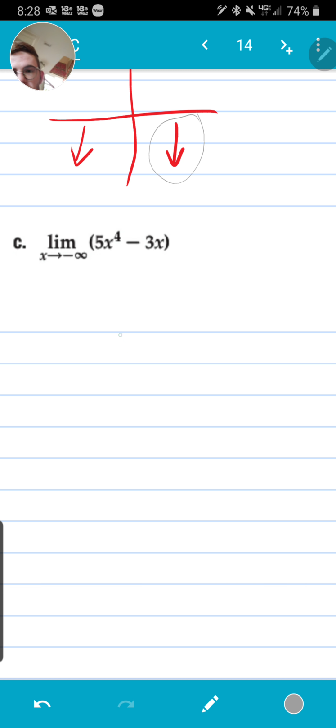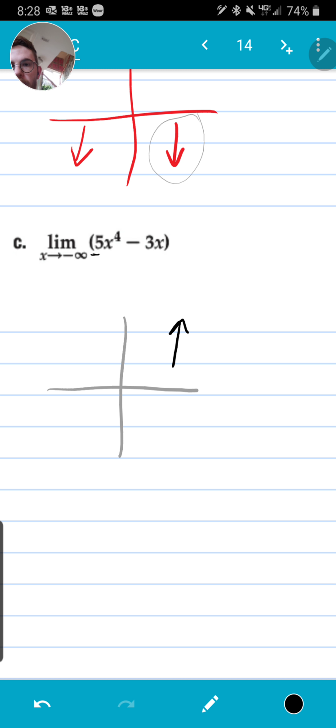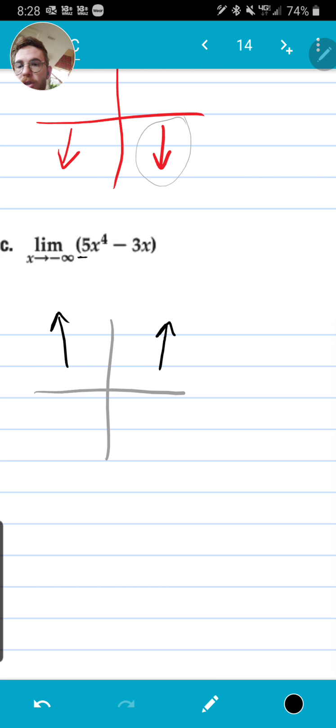Finally, on C, well, this polynomial is in standard form. The right side of our graph is going to point up because our leading coefficient is positive. The degree is even, so the left side is going to do the exact same thing. Both sides are pointing up. The limit as x approaches negative infinity: the left side of our graph is pointing up.